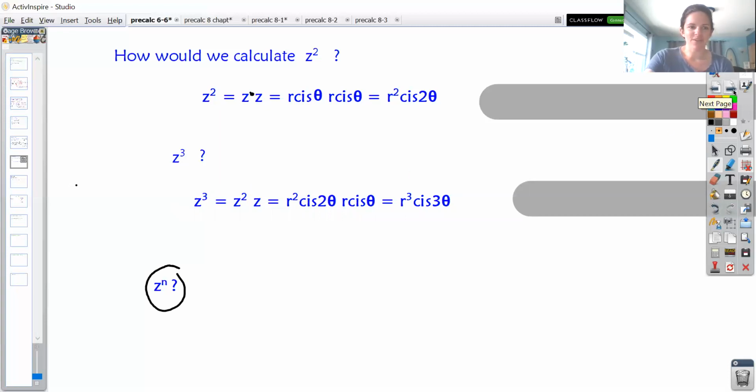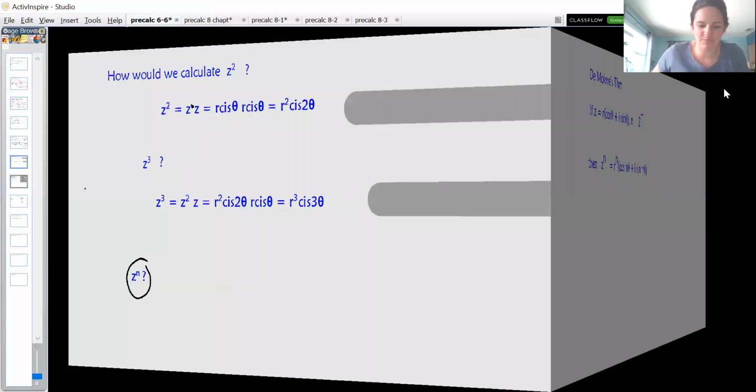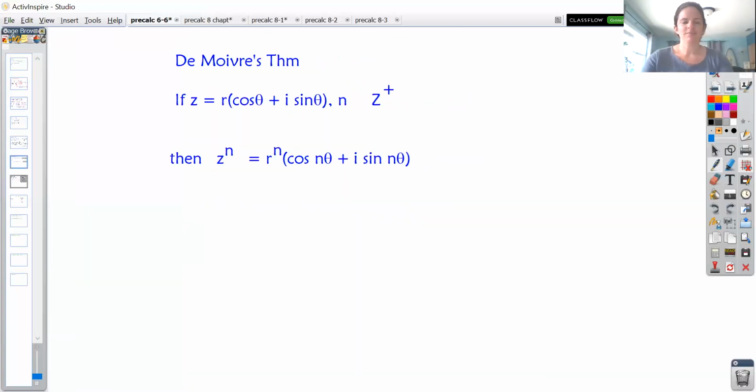Turns out that if you have thought of anything or discovered anything, that if you correctly did it, then you discovered the same thing that DeMoivre discovered, which is that if z equals r cis theta, and then the second part just means that n is within the set of positive integers, then z to the nth power equals r to the n cis n theta.